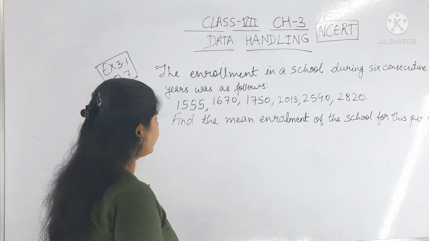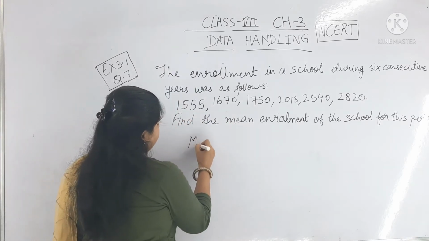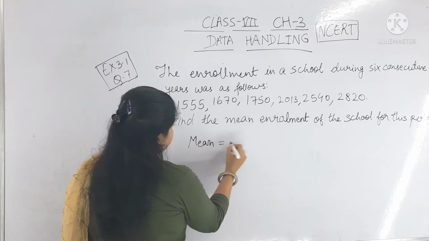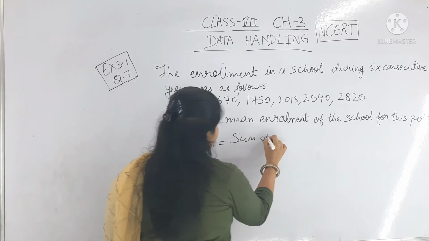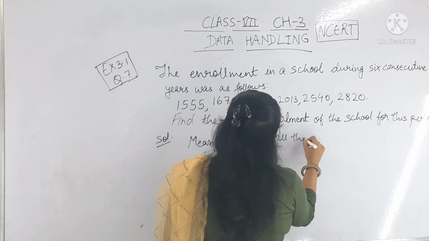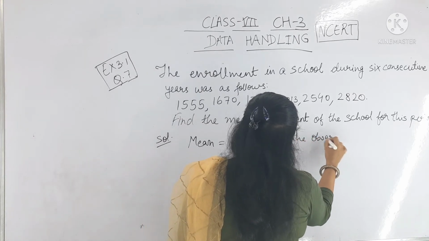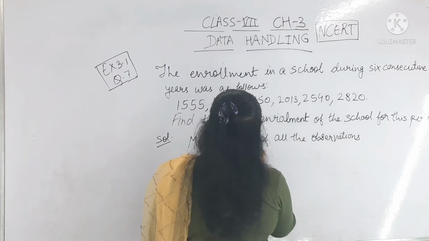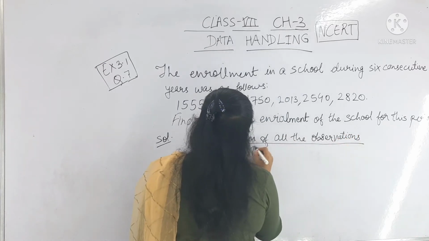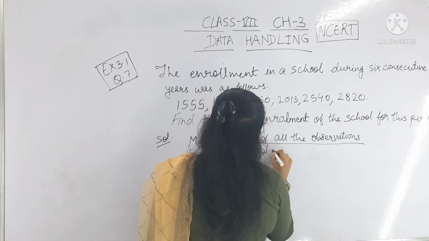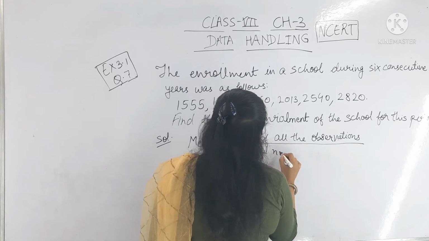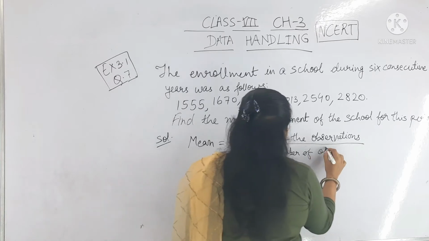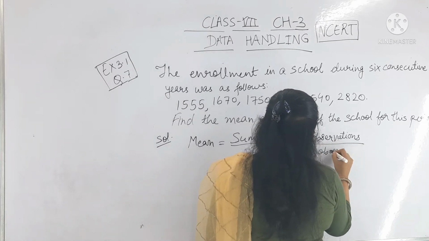So we have to find the mean. We know the formula for mean is equal to the sum of all the observations divided by the total number of observations.